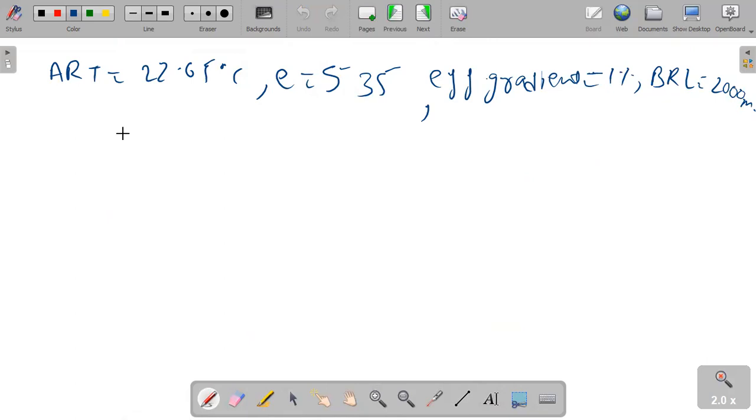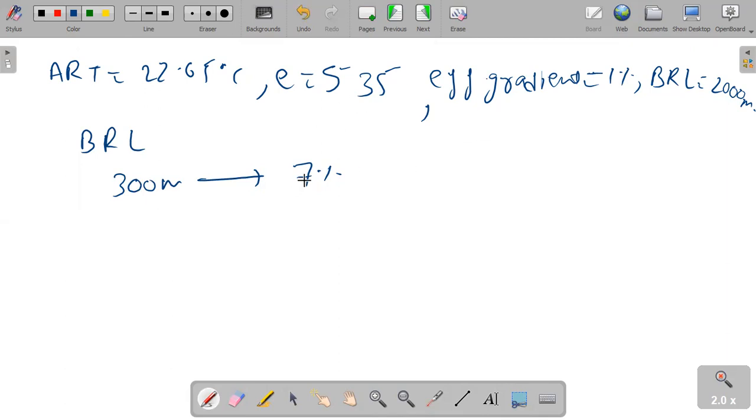Our first correction is, as you remember, the correction for elevation: there is an increase of 7% per 300 meter.